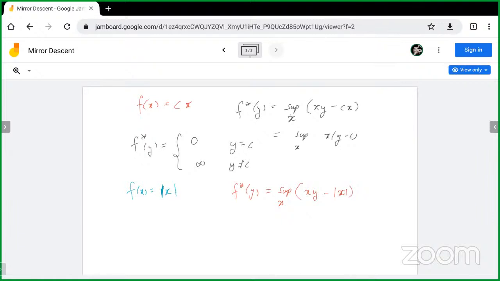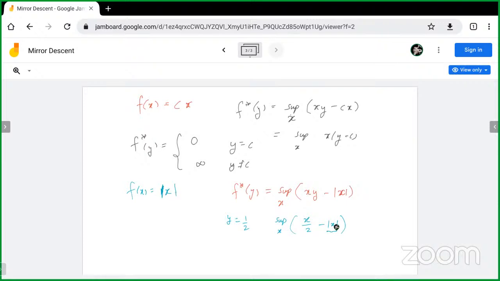Any idea what happens here? So let's play it out. If y is between -1 and 1, then it is 0. Exactly. Let's just take an example. Suppose y is half. Then this is the supremum of x by 2 minus the absolute value of x. As was correctly said, the mod x will dominate now.